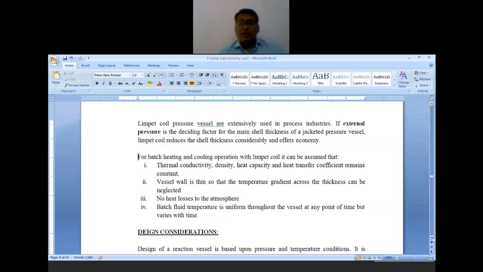No heat losses to the atmosphere, that means it is perfectly insulated. Then batch fluid temperature is uniform throughout the vessel at any point of time but varies with time.